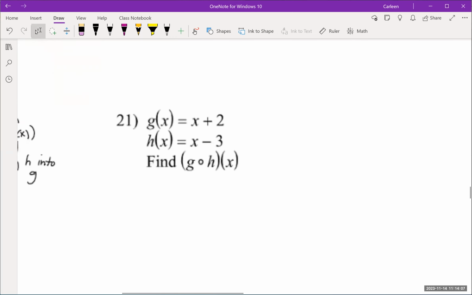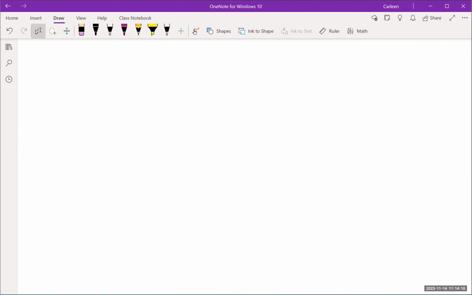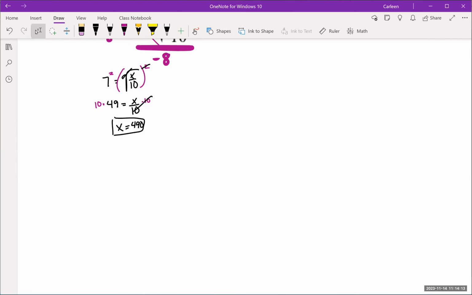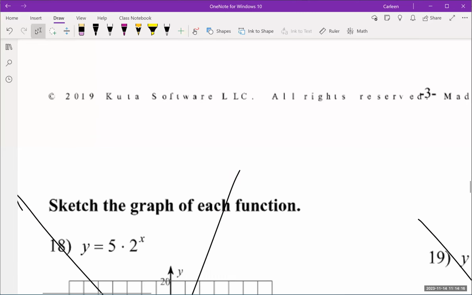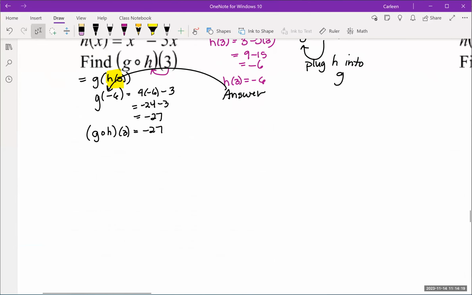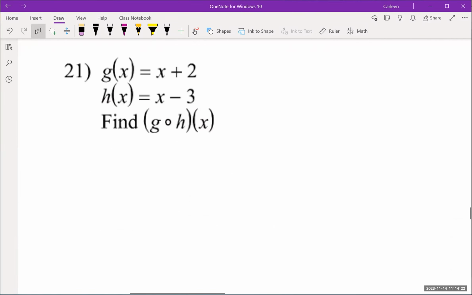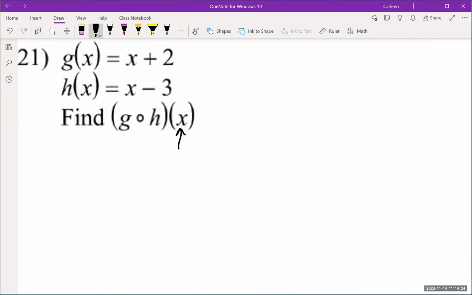Okay, now there's no number there. Donut, G of H of X. Instead of H of X, what could I put in the parentheses?